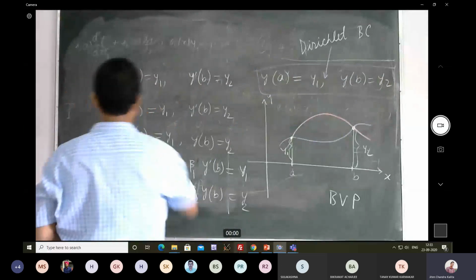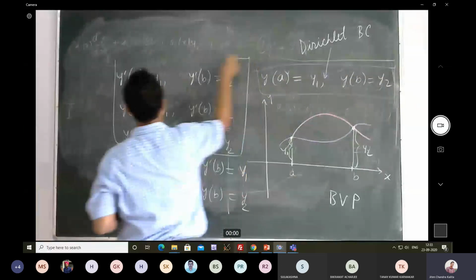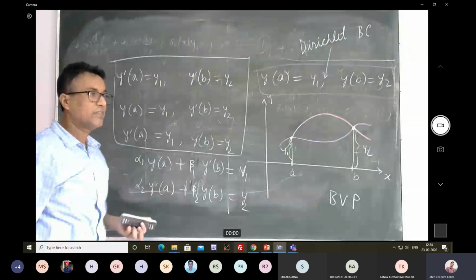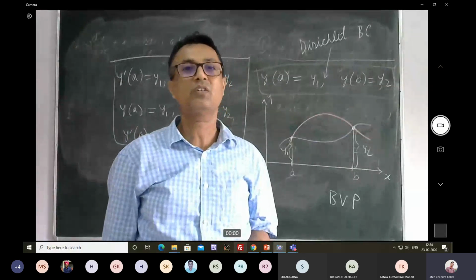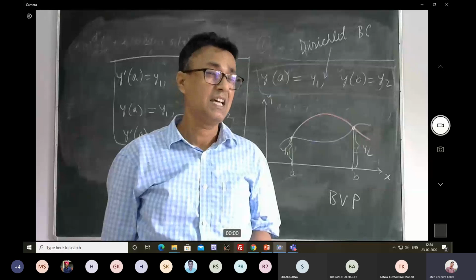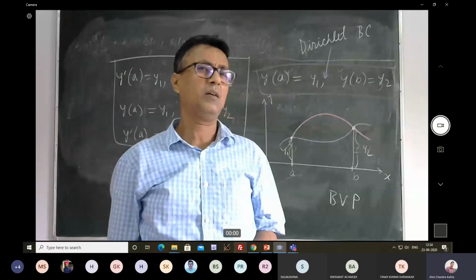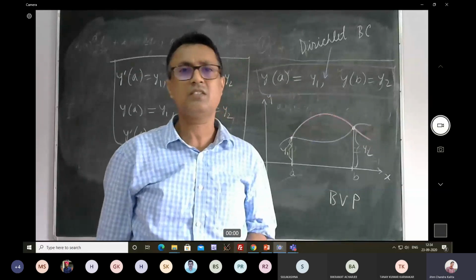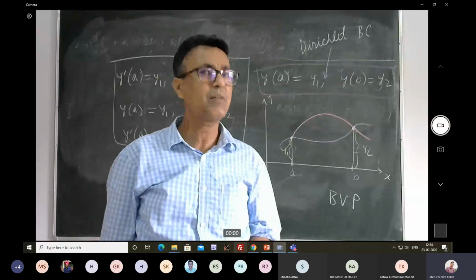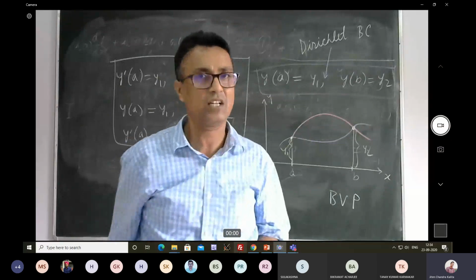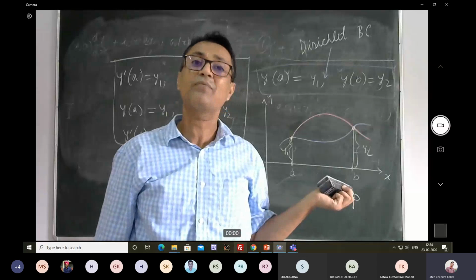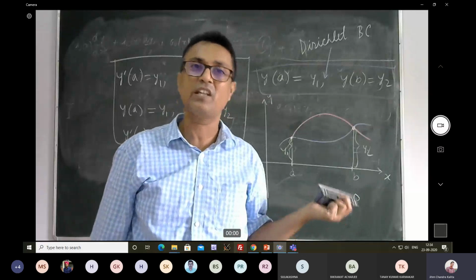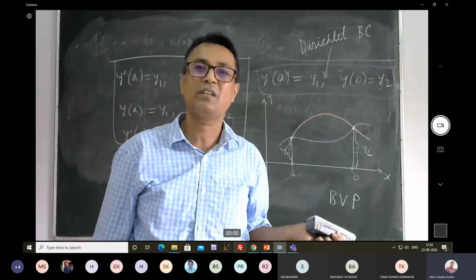And these are examples of that. So whenever at a prescribed boundary you have the boundary condition given in terms of the derivative, I am simply using the term derivative here, but I'm going to change that slightly later on, because this is a function of only one variable. Derivative means derivative with respect to the independent variable.